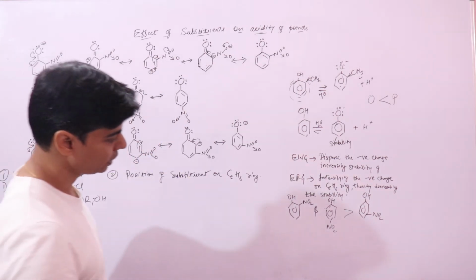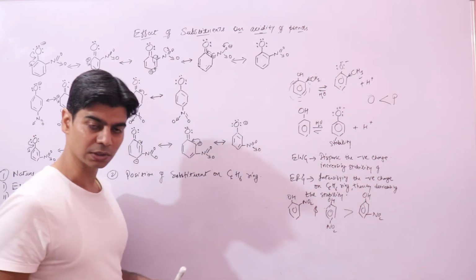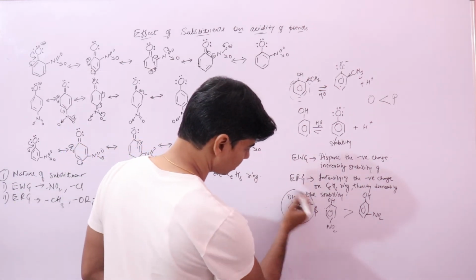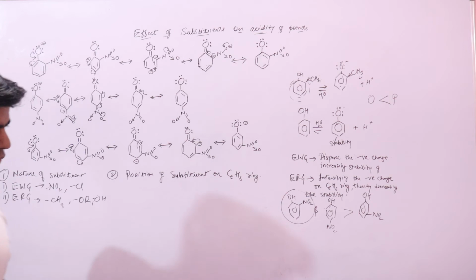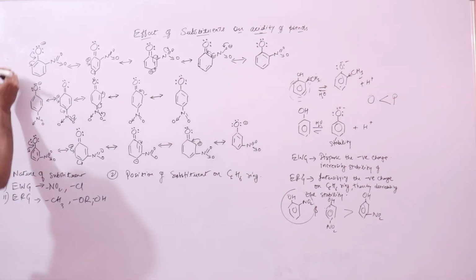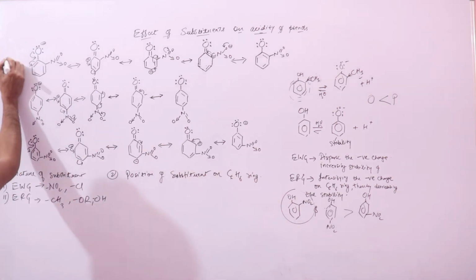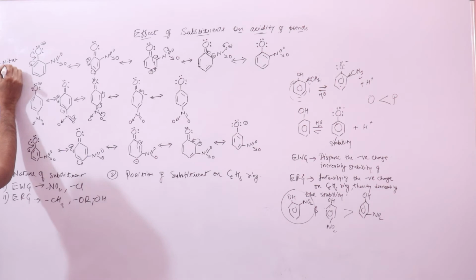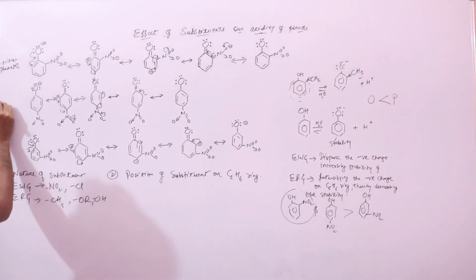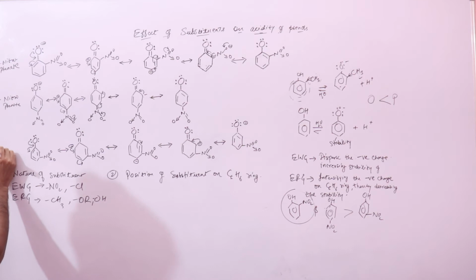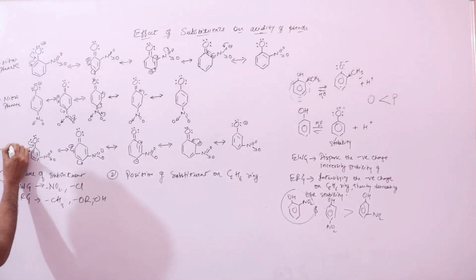These are the resonance structures of the ion that will result when this is added to water. This is your ortho nitrophenate, this is your para nitrophenate, and this is your meta nitrophenate.